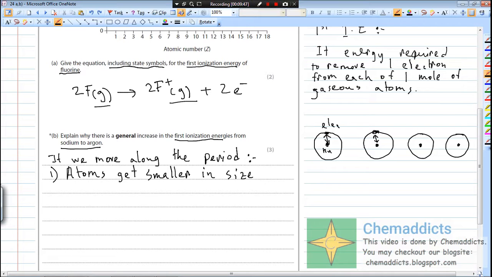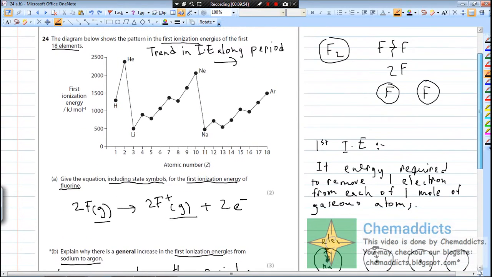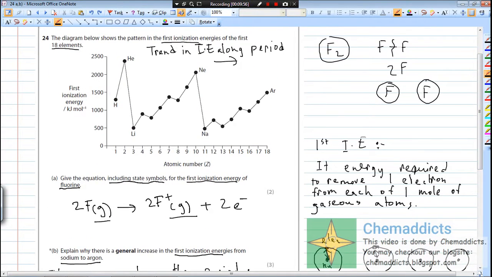As we go along period 3, it starts from sodium to argon. Yeah, this is period 3. So as we move along sodium to argon, this is period 3.